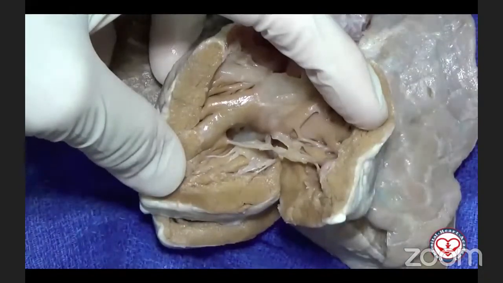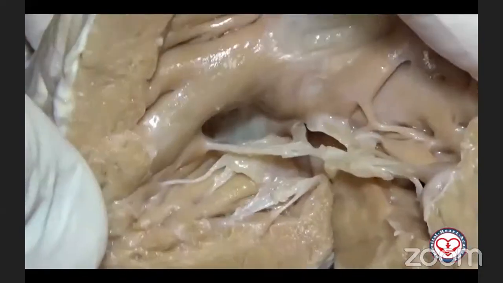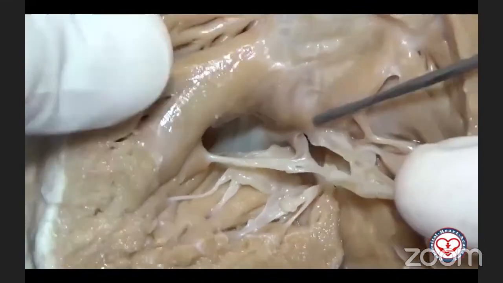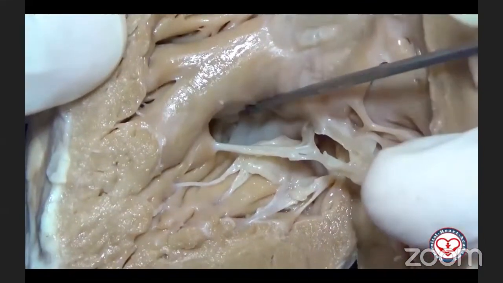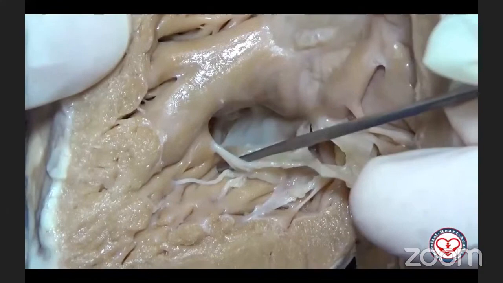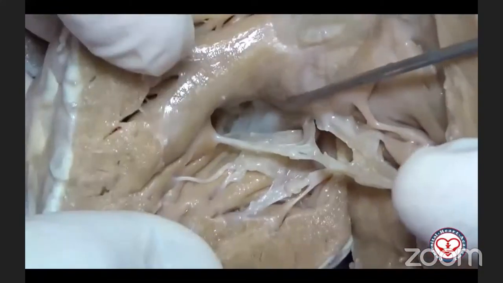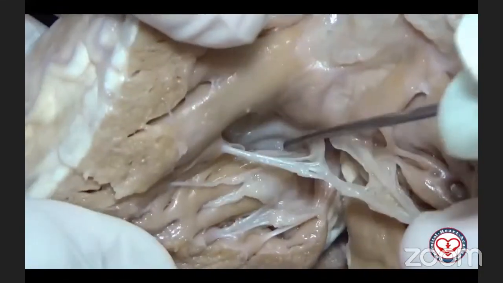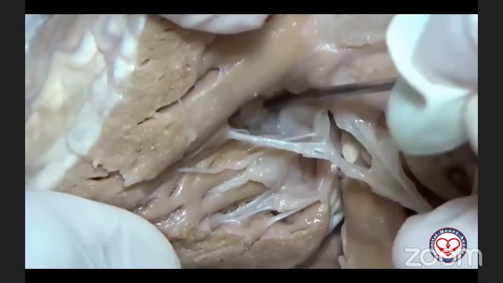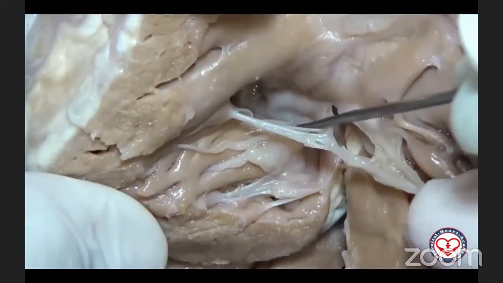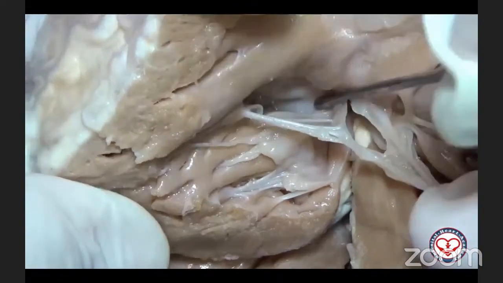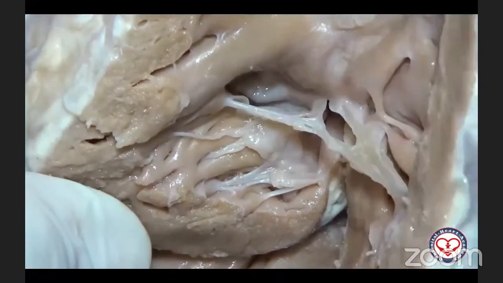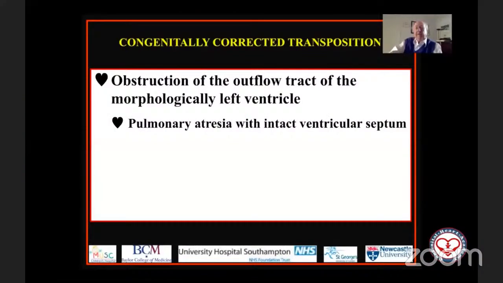The ventricular septal defect, if we look at it from the morphologically right ventricle, we see that it is an outlet defect as it lies within the limbs of the septomarginal trabeculation, and it extends to become perimembranous because there is fibrous continuity of the mitral valve and the tricuspid valve along the posterior inferior aspect. So now you've seen pulmonary atresia with ventricular septal defect in the setting of congenitally corrected transposition.